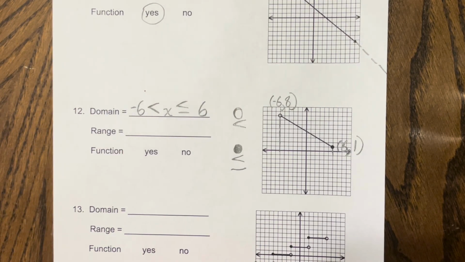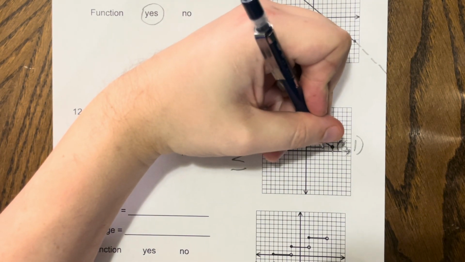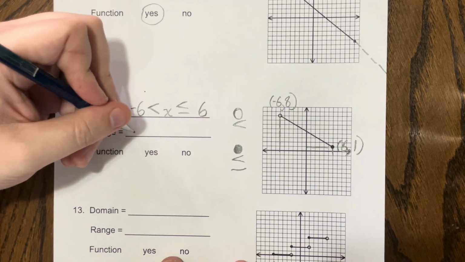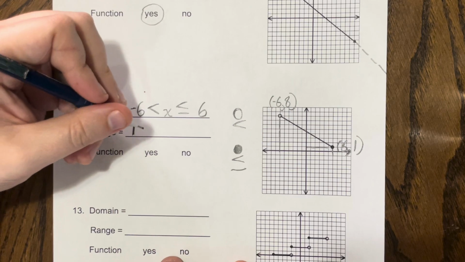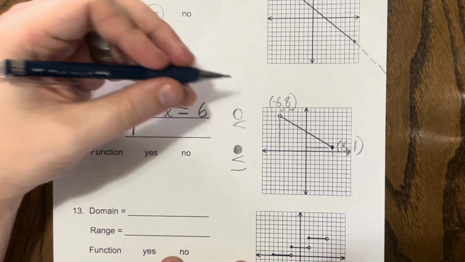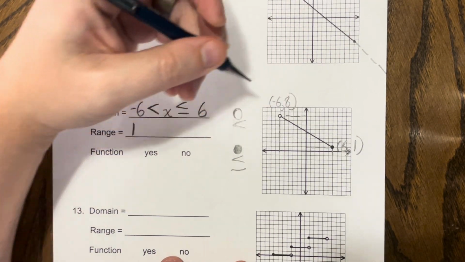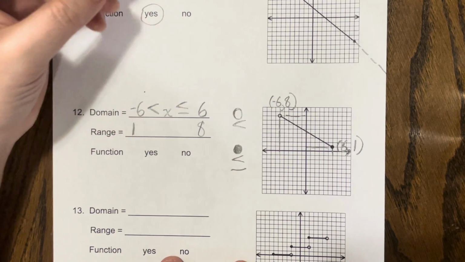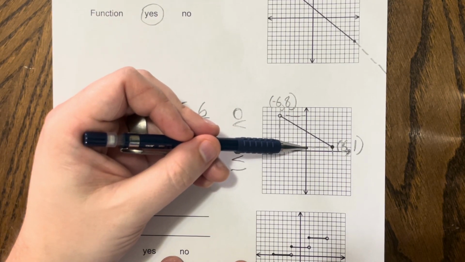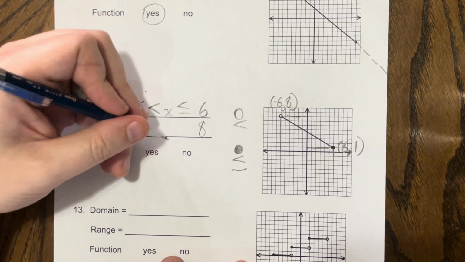Then we're going to do the same thing for our range, just looking from bottom to top though. So the lowest place it's at is +1, and it goes from +1 all the way up to +8. So that means our y values start here at 1 and go all the way up to 8.